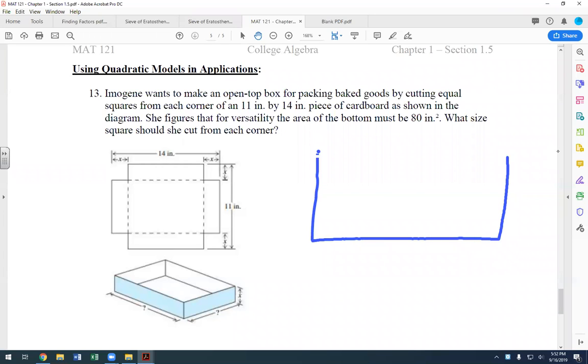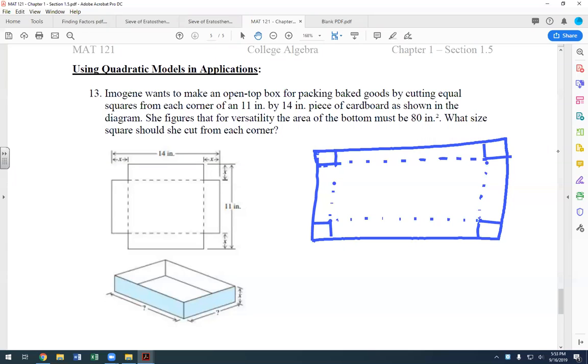If this is my piece of cardboard, and if basically these are the corners that I want to cut off, that means this is going to be the base of our cardboard here. And what did they tell us about the area of the bottom? 80 square inches, right? They're telling us that right over here.